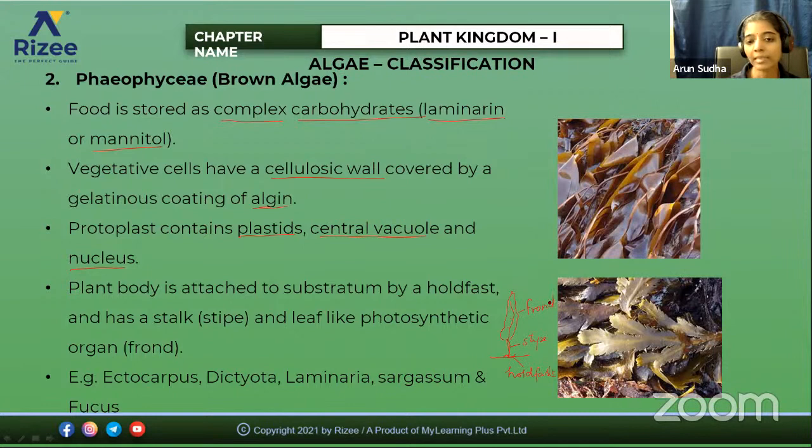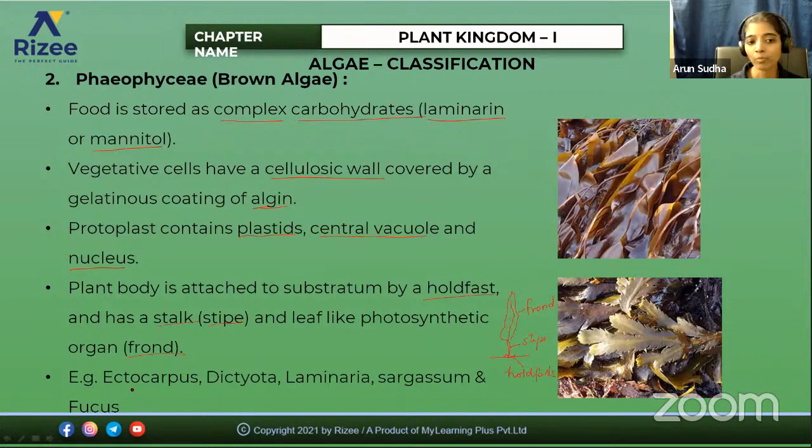In green algae there was not much differentiation, but here they have holdfast, stipe, and frond.